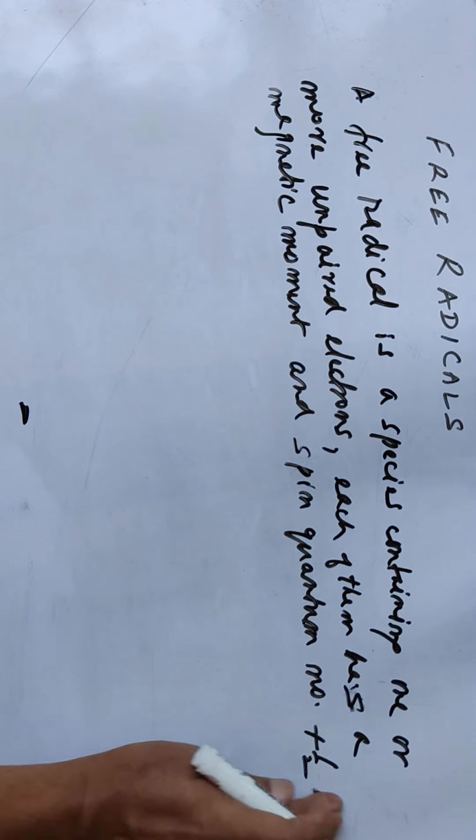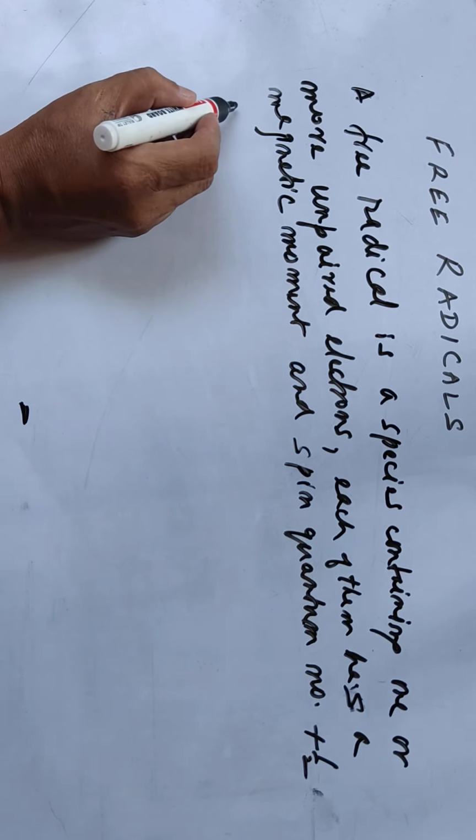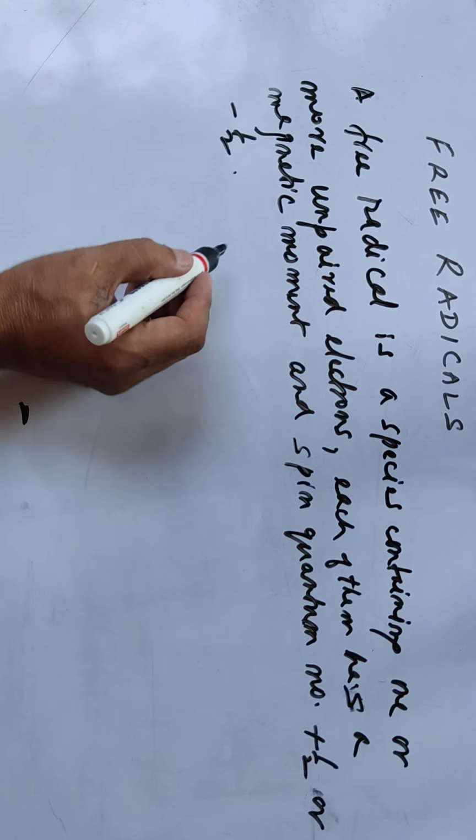So I'm repeating again. A free radical is a species containing one or more unpaired electrons, each of them having a magnetic moment and a spin quantum number, either positive or negative. They are represented by a dot, and their stability depends on the reaction conditions.